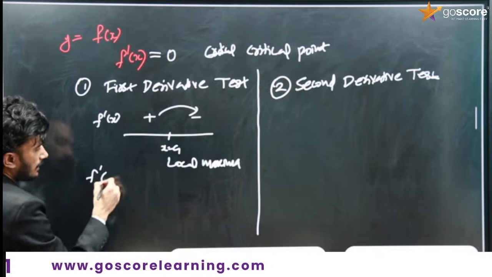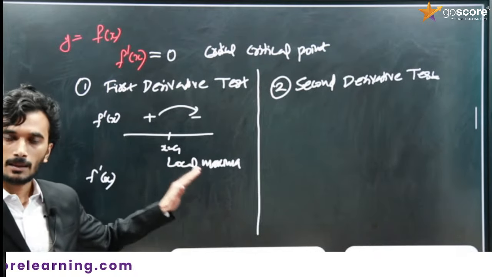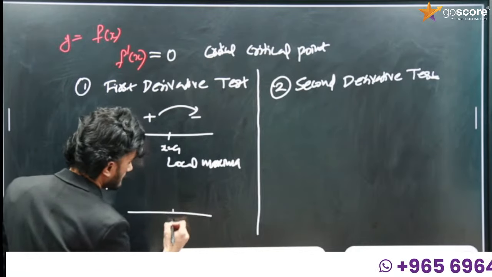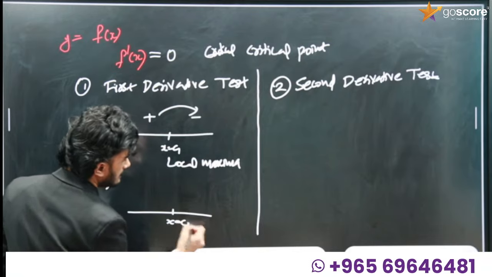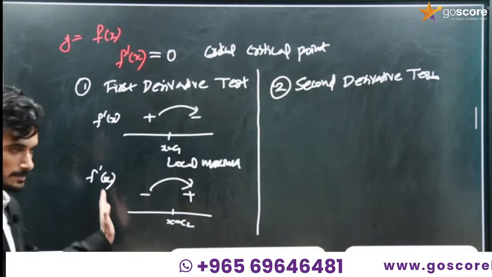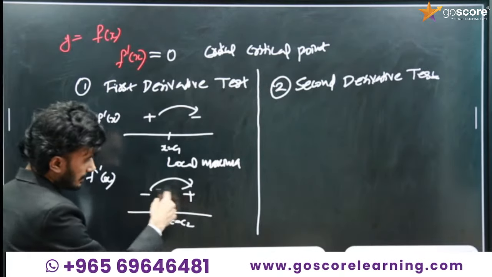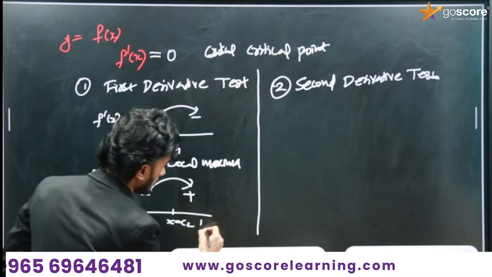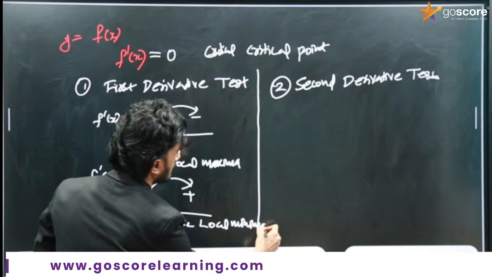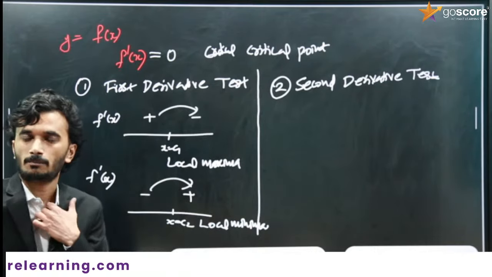Then the opposite of this one is local minima. So I am taking again f dash of x. Here it is x is equal to c2, then minus to plus, from left side minus to plus, or increases. It is called local minima. Local minima, minus to plus.